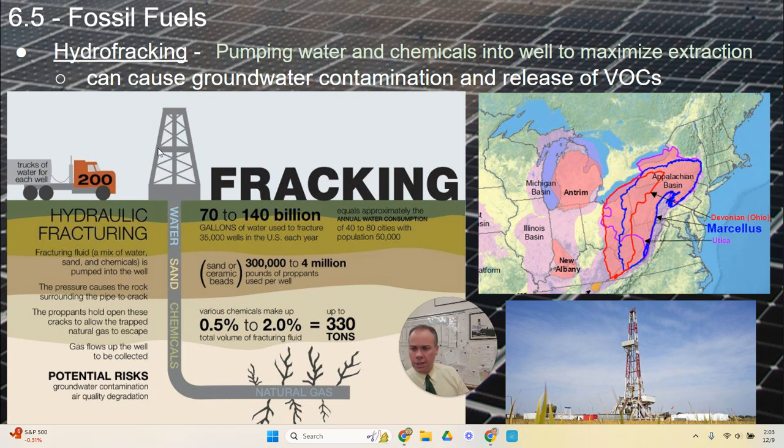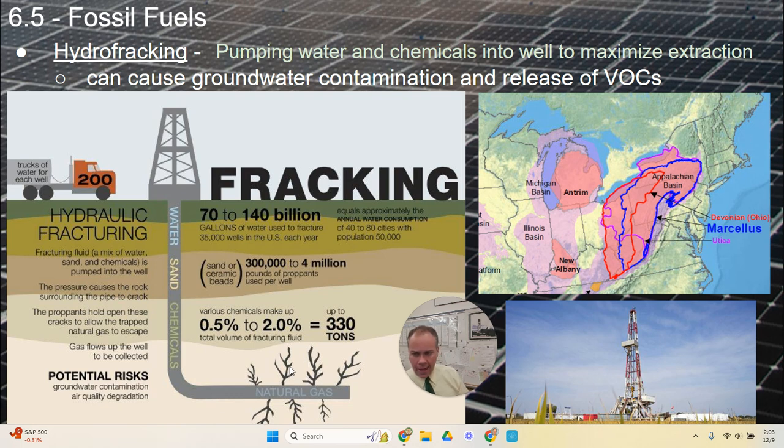And then what happens is a mixture of water, sand, and various chemicals are pumped at high pressure into this well, and it actually breaks or fractures the surrounding rock.